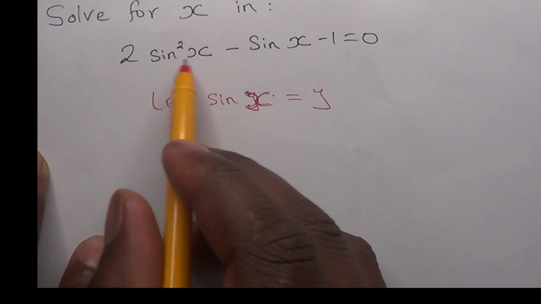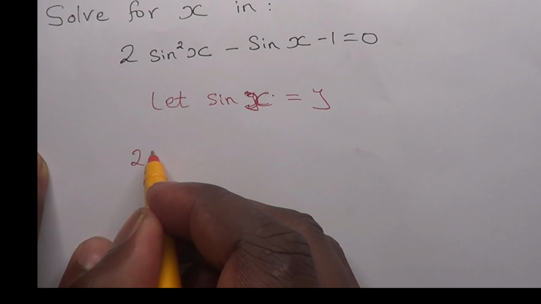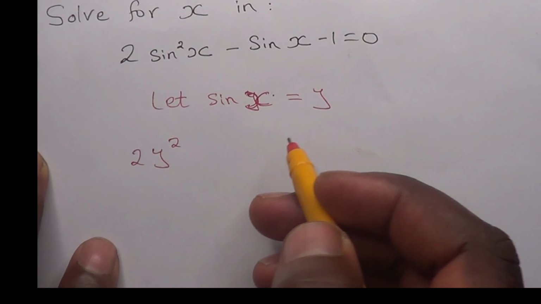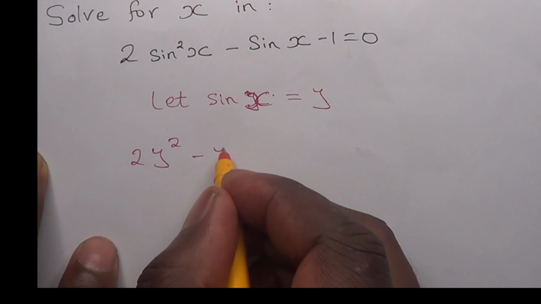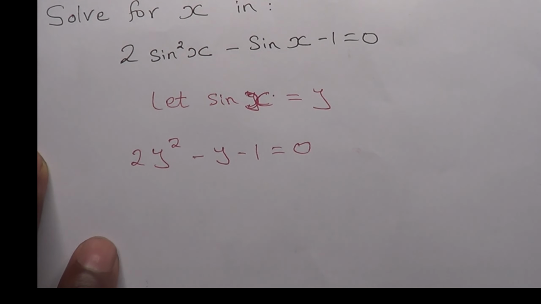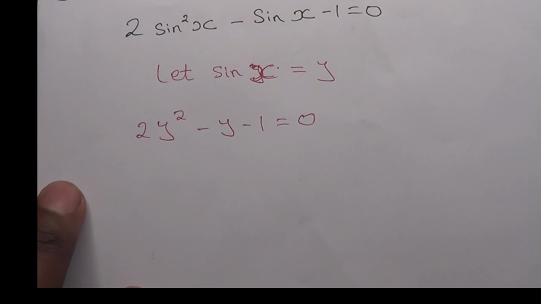So here it will be 2y squared, because of sin squared x, minus y minus 1 equals 0. When it is equal to 0 here, we have formed what we call a quadratic equation. We can solve that quadratic equation.